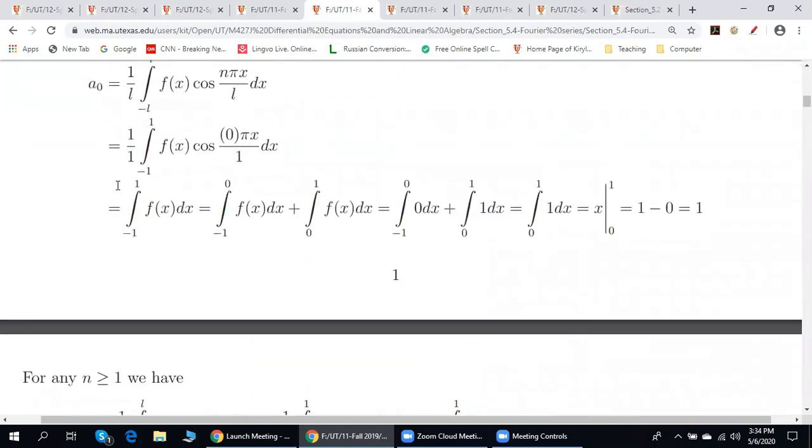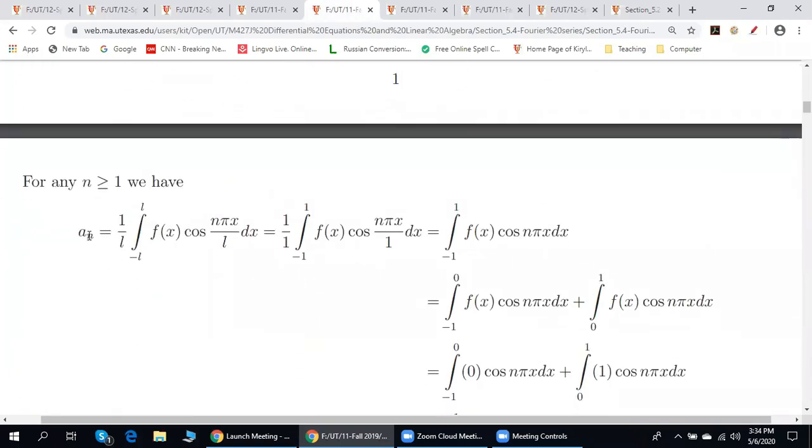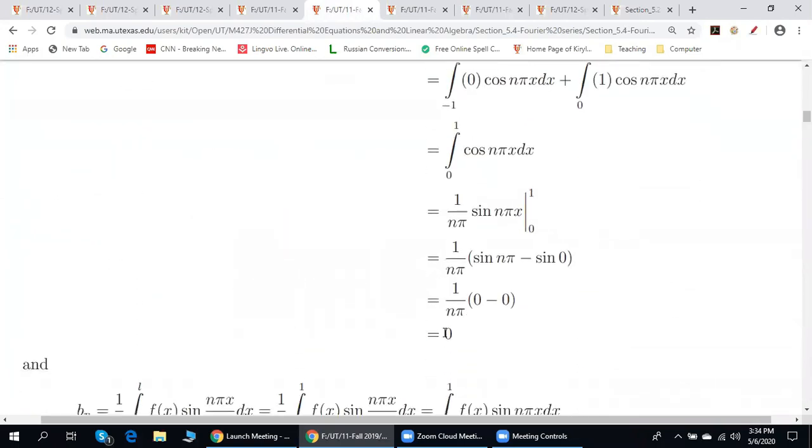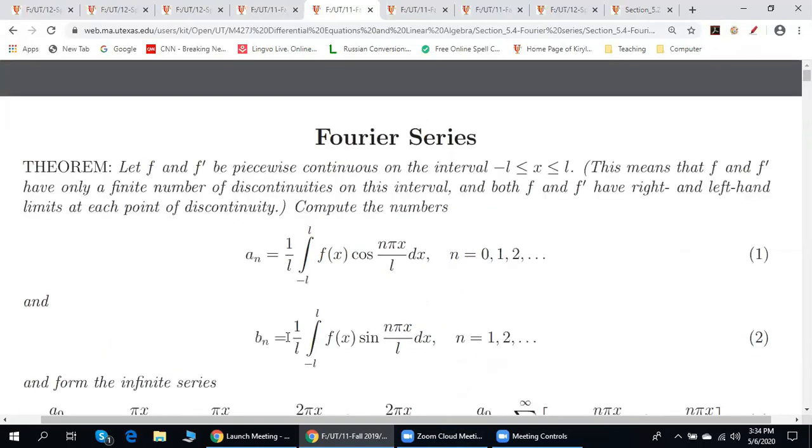Now, once again, a0 is 1. All other a's are equal to 0. Similarly, here is the formula for b_n. We copy it from the theorem.